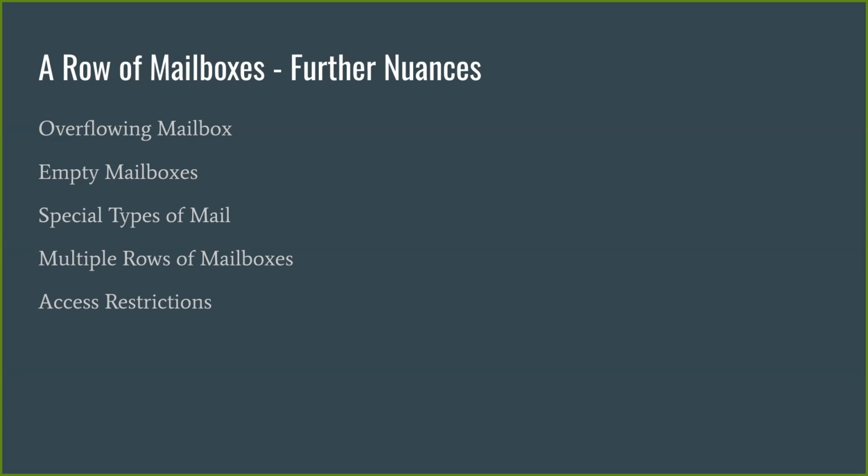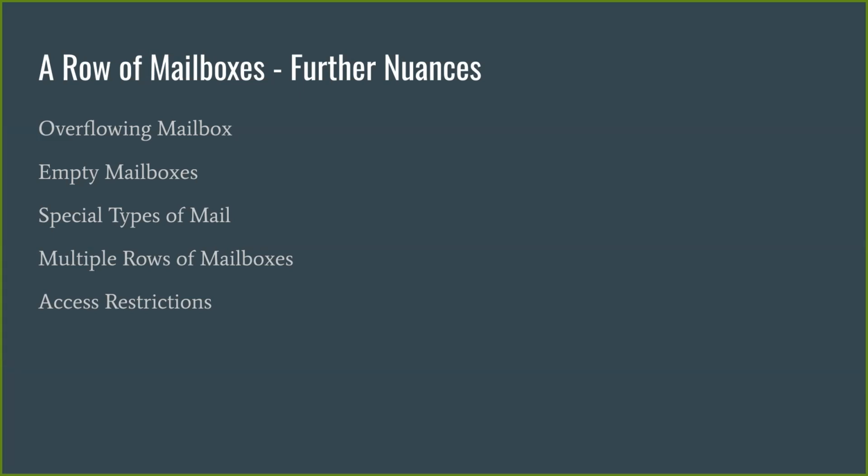Lastly, access restriction. Only an authorized person can access and modify the contents of the mailboxes, similar to how memory access in programming can be restricted for safety and security reasons.